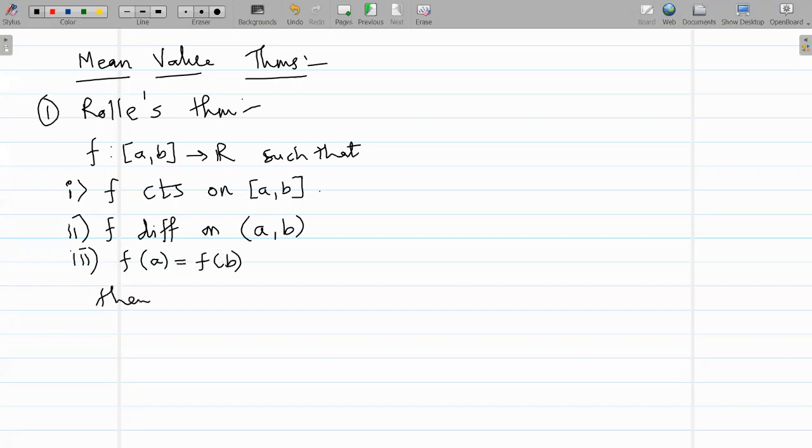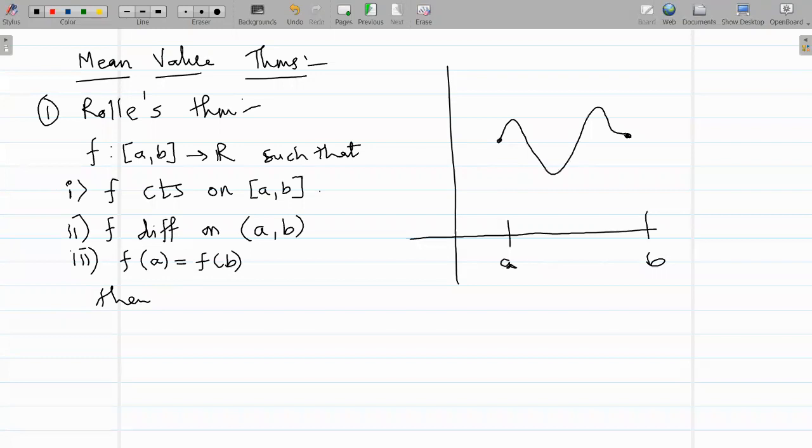Then I want to say something. It's a quick geometry that can be observed: you have f(a) and f(b) the same, and the function is continuous and differentiable, so no corners and no breaks. Maybe I can draw it like this. There exists a point where the tangent to the curve is parallel to the x-axis, which means the slope of the tangent is 0.